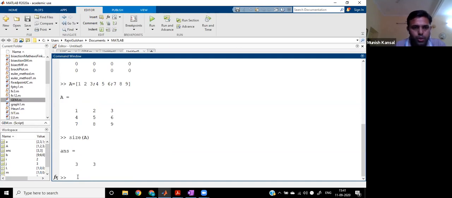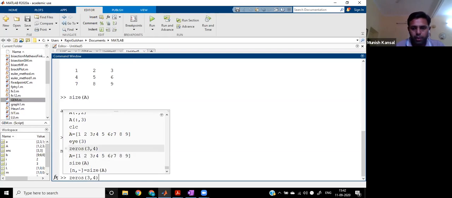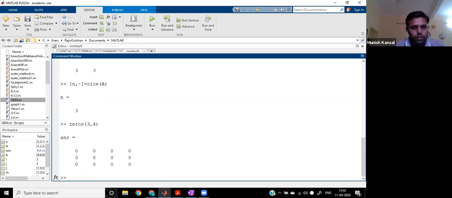Now suppose I just want to take the number of rows. I don't want to display the number of columns, right? So let us say n comma, you can put tilde sign here. If you write down like this, size of A. So here, fortunately, the order is same. Let us suppose you pick up any 3 cross 4 entry, say 4 6.